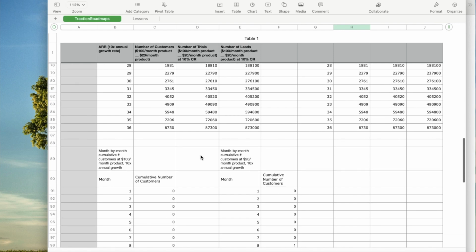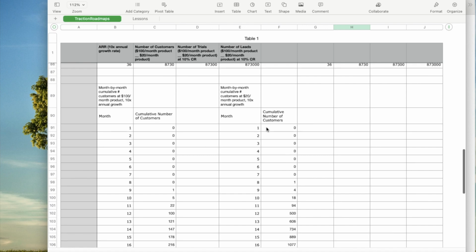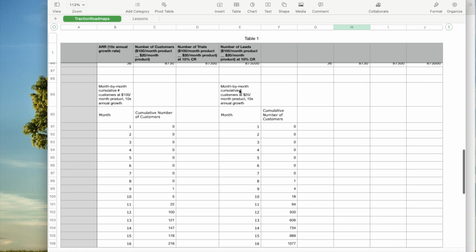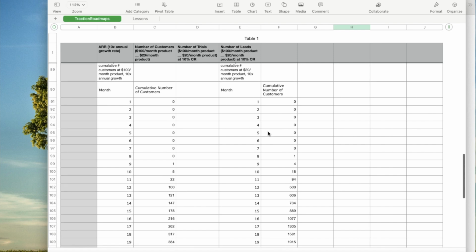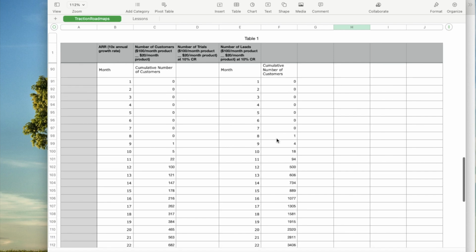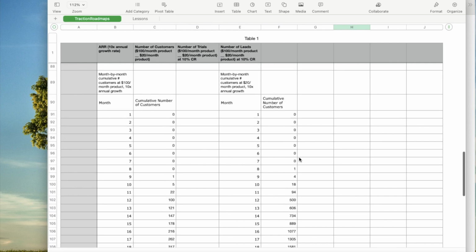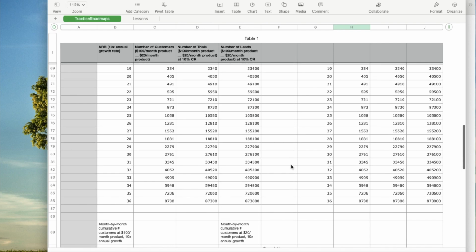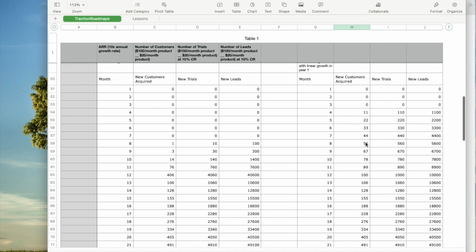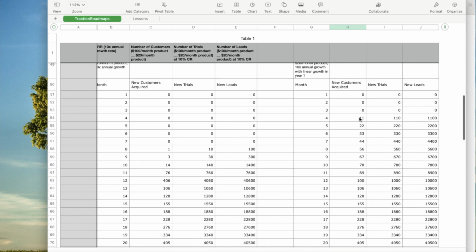And then this is not necessary, but you can actually look at this too. It's month by month, what is the cumulative number of customers that you've brought in, assuming the $20 a month product at 10x growth rate. And so this last number should be 50,000 here. That's also good to know. So yeah, this is the goal.